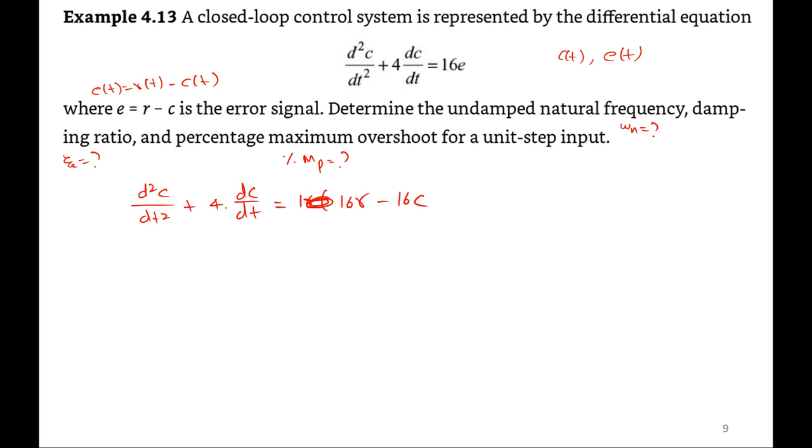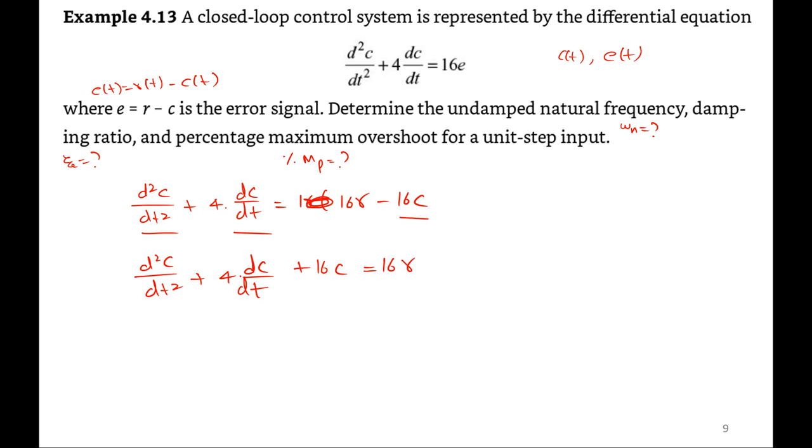I have substituted e equal to r minus c and multiplied by 16, giving 16r minus 16c. Is it fine? So take the c terms, the response, to one side: d square c by dt square plus 4 dc by dt plus 16c is equal to 16r. So these all are functions of time, r of t, c of t, right?